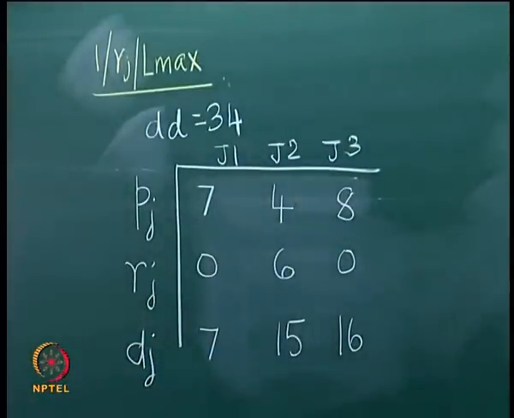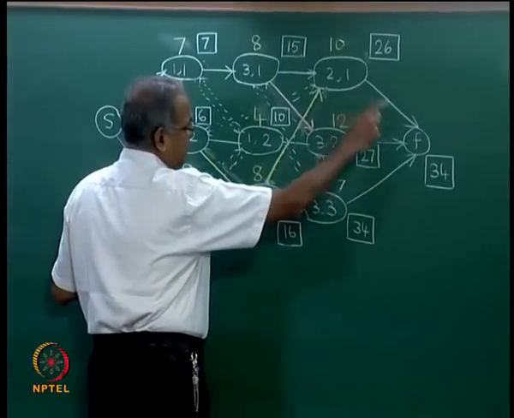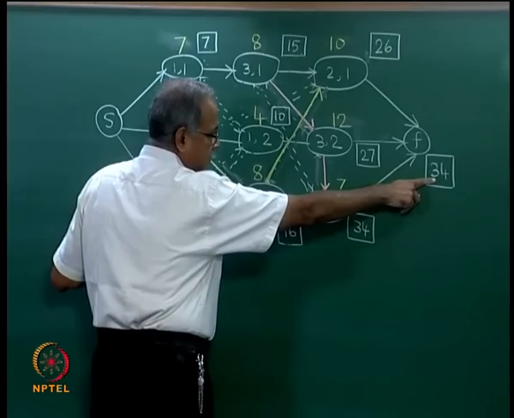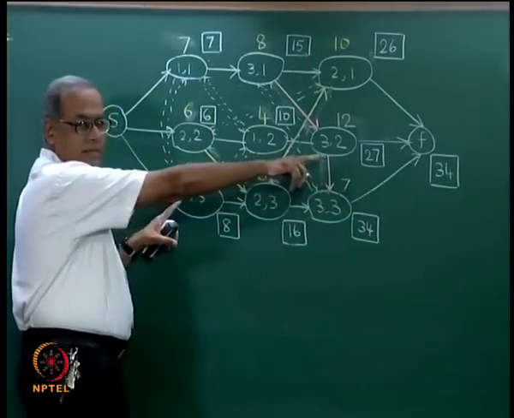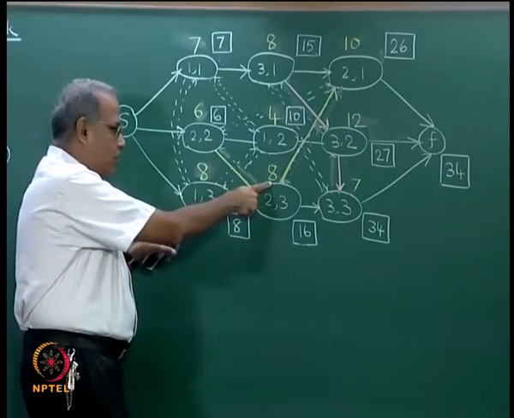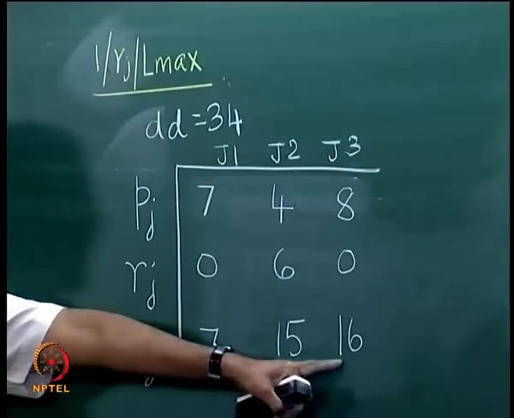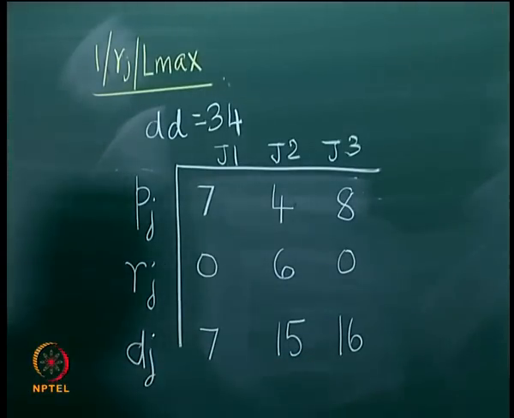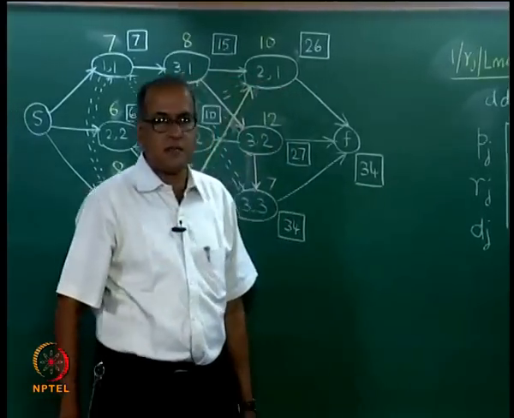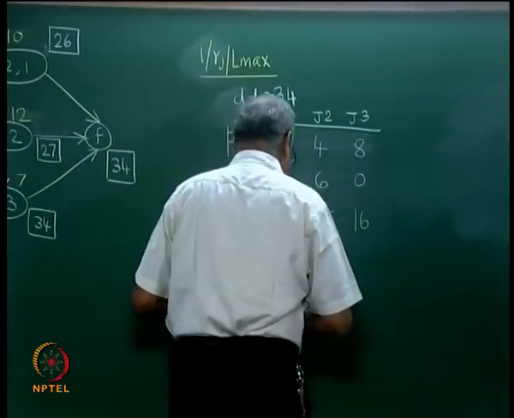Now as far as J3 is concerned, we are here. So again we go through the path. So 34 is the final, at the moment the makespan is 34. So 10 plus 8, 18 more time units of processing is required. So the due date becomes 16 for this. Now with this data we now try and solve a 1 RJ Lmax problem on machine 1.